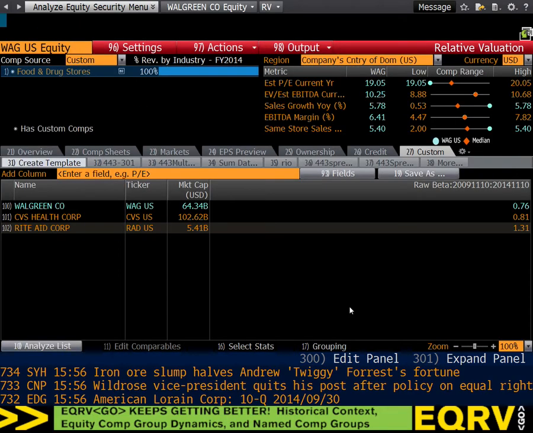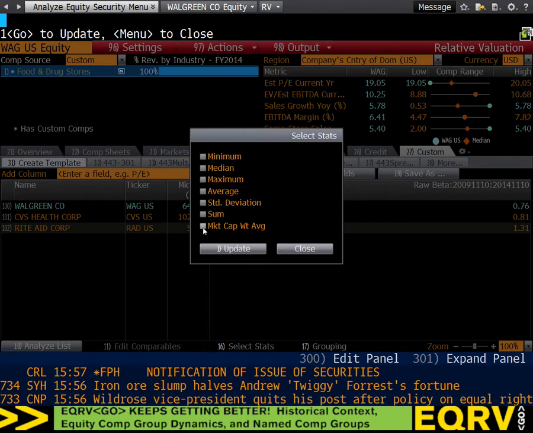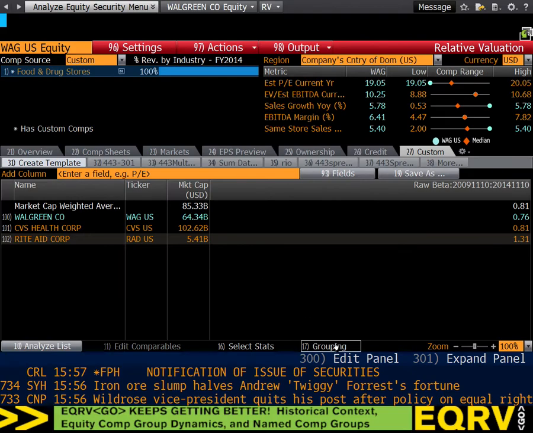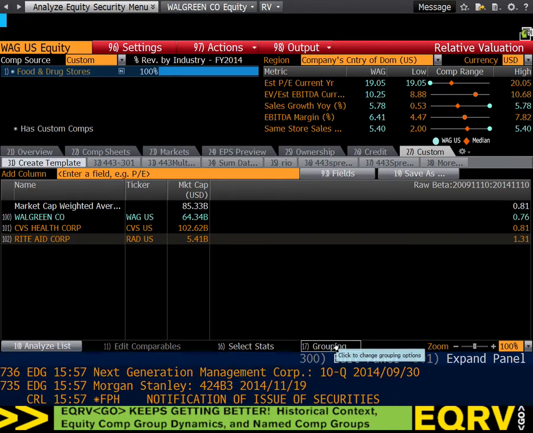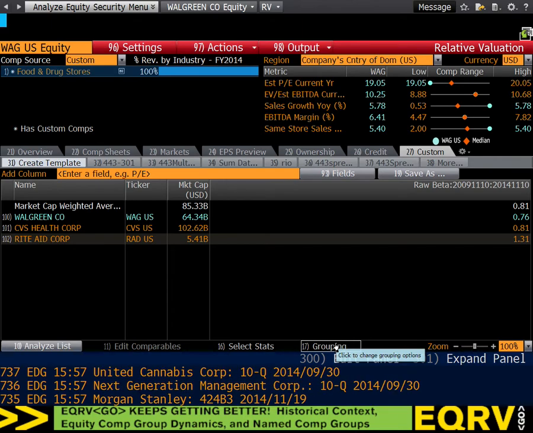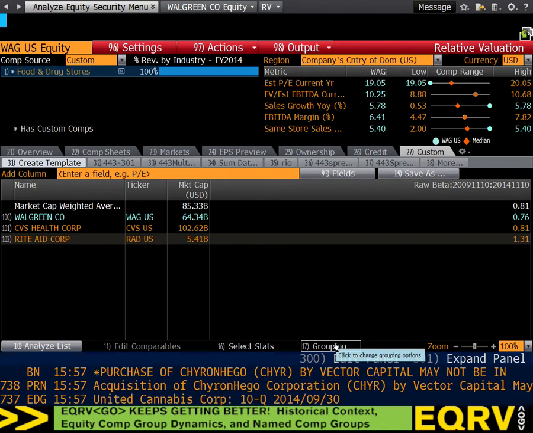Here is the beta for all 3 companies, market cap weighted average. So here's the point. The industry beta is 0.81 and Walgreens' beta is 0.76.